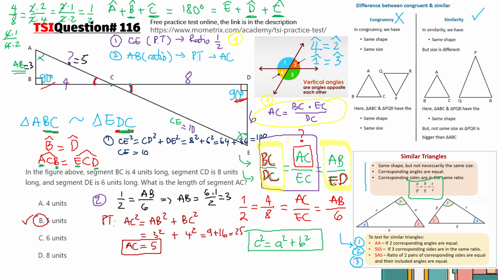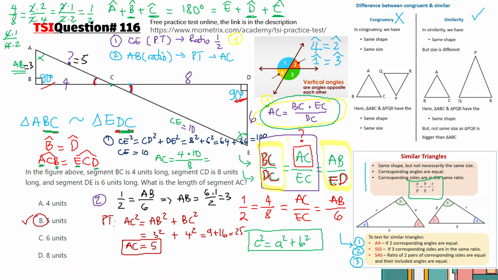We do the BC right here. We use this one, AC equals BC, BC is 4, that's given, multiplied by EC, EC is CE, we just found it equals 10. Then we divide by DC, which is 8.